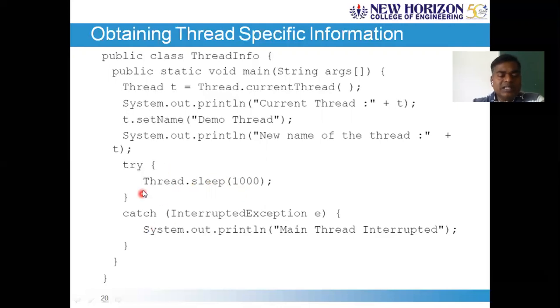When this particular statement gets executed, there will be a transition from the running state to the sleep state. And once this duration completes, it will go back to the runnable state and in turn to the run state.